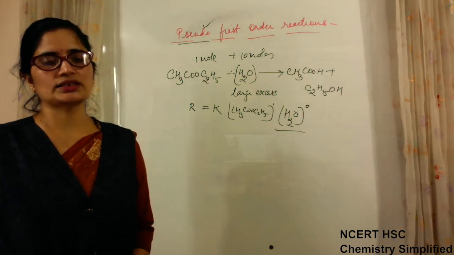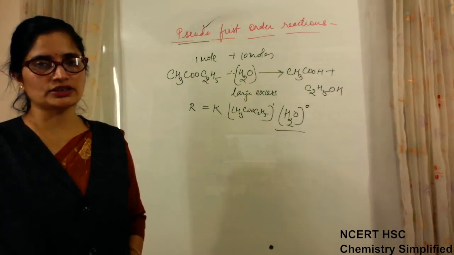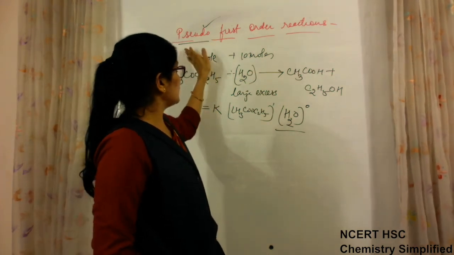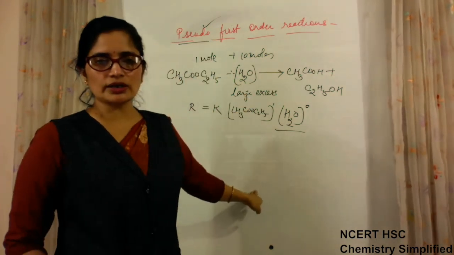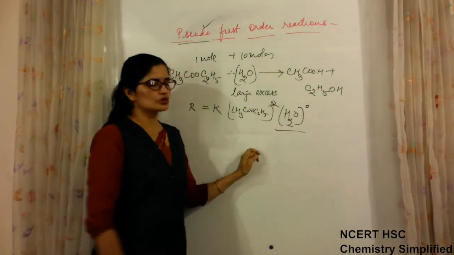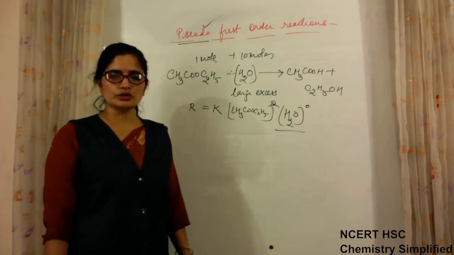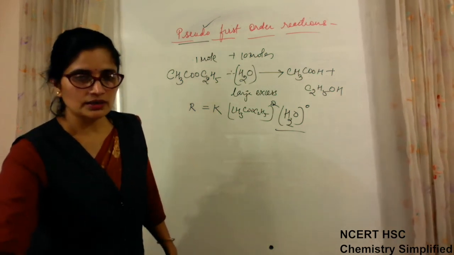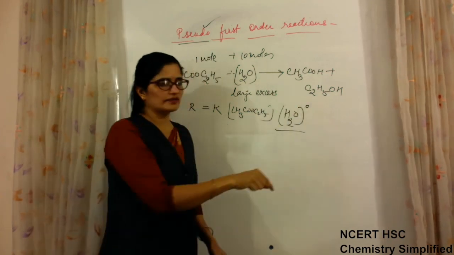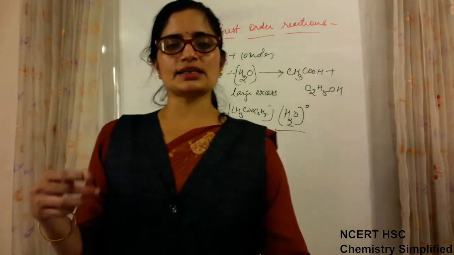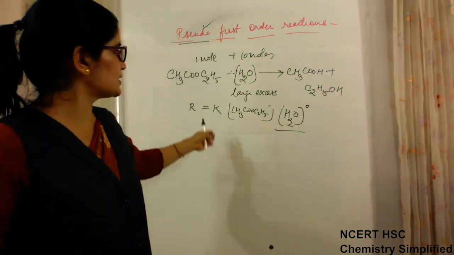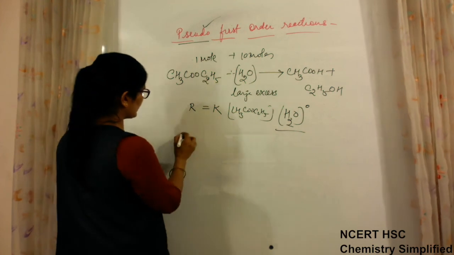Such reactions are called pseudo first order reactions. Suppose it is raised to power 2, then the reaction would be called pseudo second order reaction. So pseudo means actually it should also be given some power, but it is not given because it is in large excess.